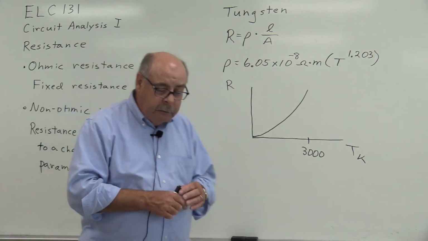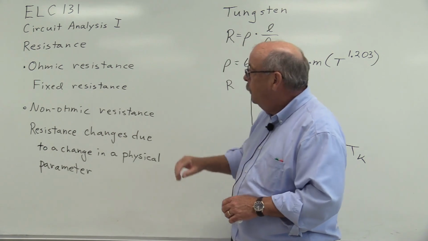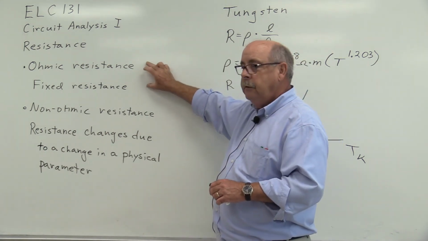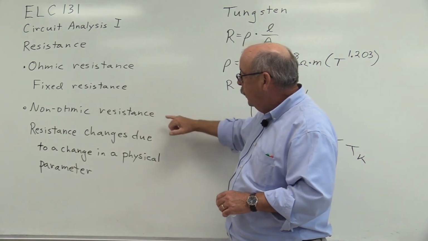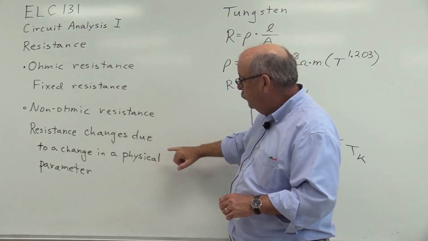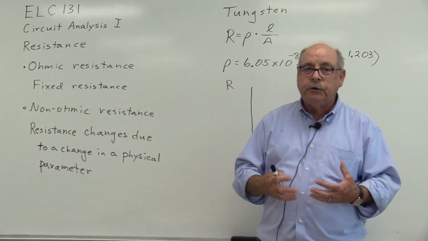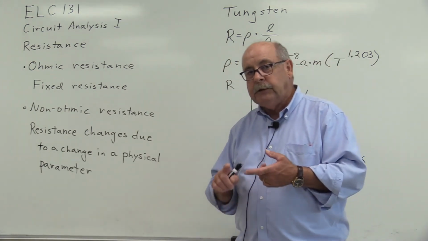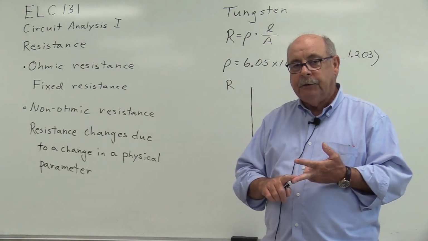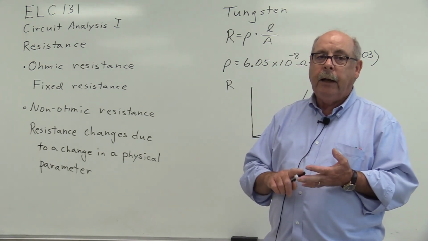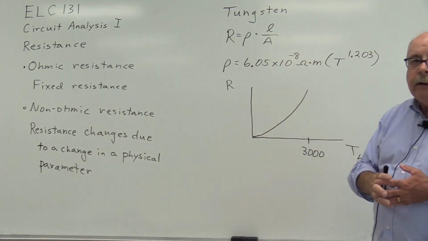So again, we've looked at resistances, both ohmic resistances, which are fixed or relatively constant, and non-ohmic resistances, resistances that change due to some physical parameter change. And we looked at examples of the thermistor, the light-dependent resistor or photoresistor, and the tungsten filament of an incandescent lamp.